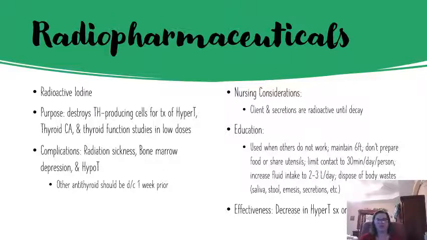We can give low doses and see the reuptake in the thyroid gland to see how the thyroid gland is functioning, and then they excrete it. So complications are going to include radiation sickness because this is radioactive, bone marrow suppression because of the radiation, and hypothyroidism because our goal is to bring it down, but we don't want it to go down too low.